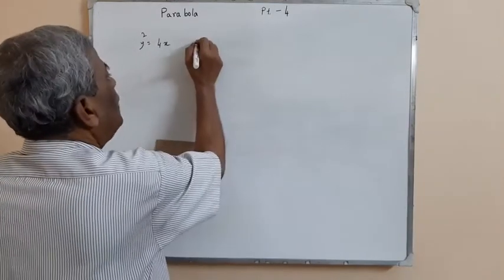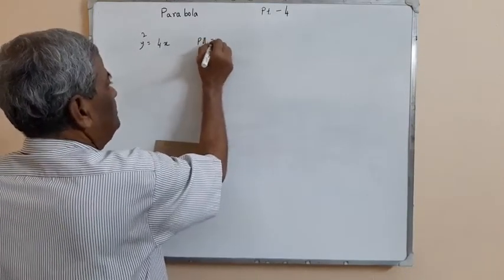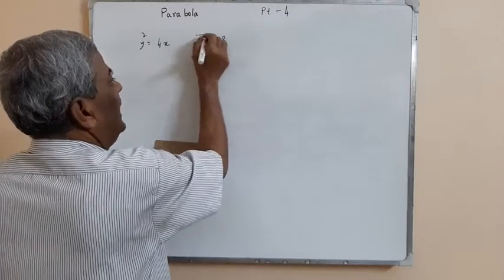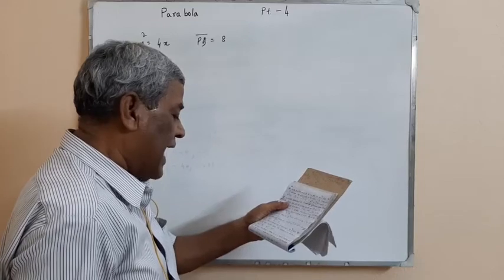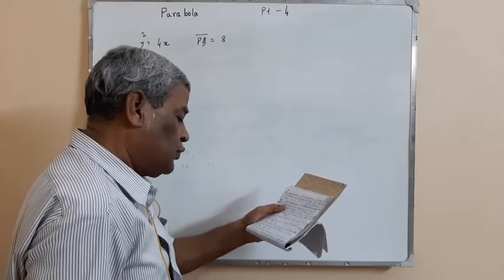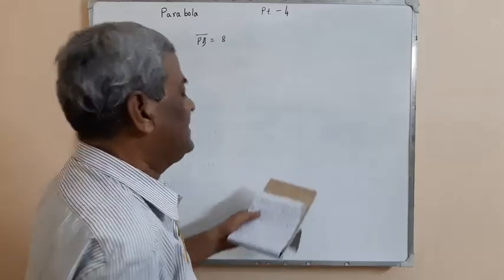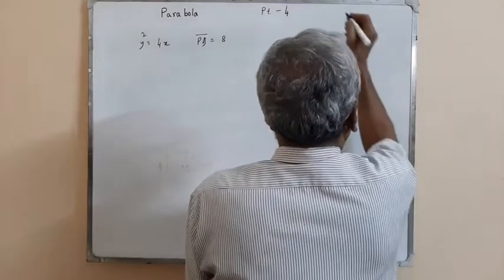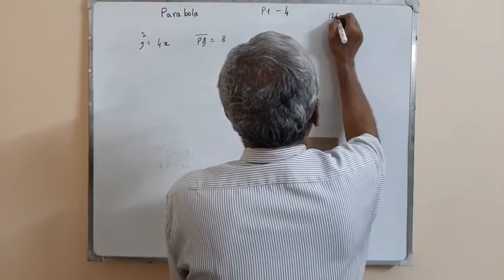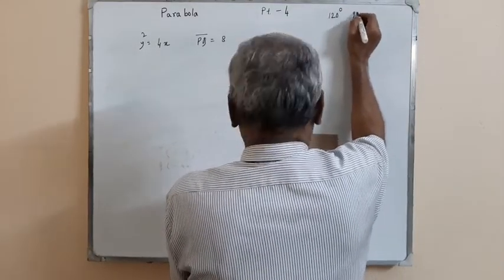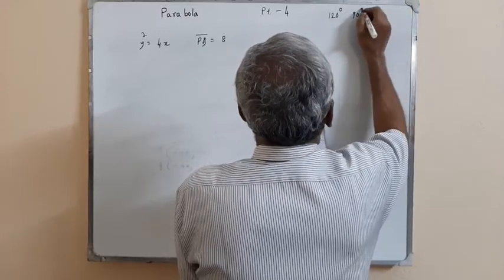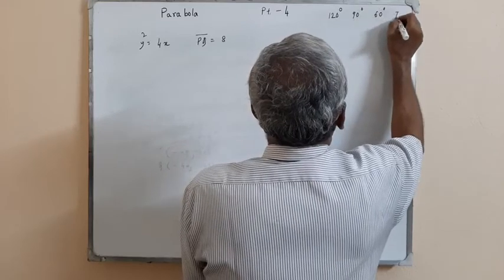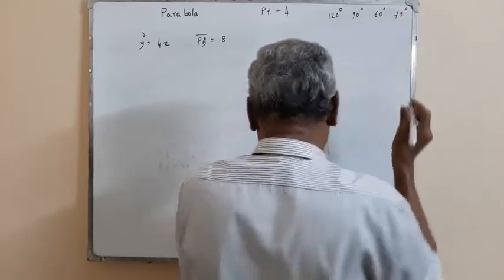If length PQ is equal to 8, then find the angle which PQ subtends at the vertex. Options: 120 degree, 90 degree, 60 degree, and 75 degree, not 70.